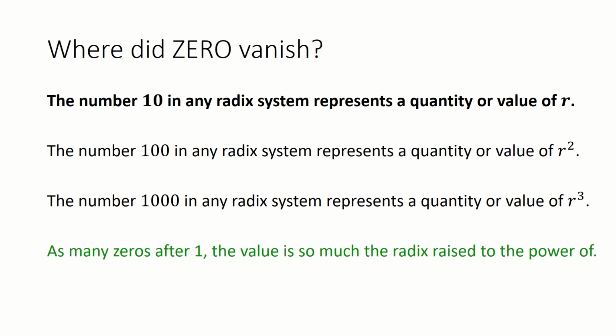What is 1 0 0 representing? 1 0 0 is representing the quantity of r square, 1 0 0 0 the quantity of r cube. So, as many zeros after 1, the radix is raised to that power. So, it is like that.